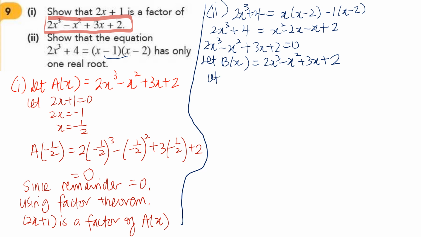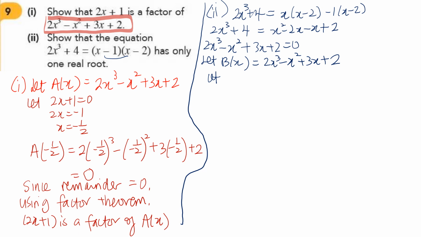Mine is Casio, so mode 3: coefficient a is 2, b is negative 1, c is 3, the constant term d is 2. Alright, so I have the first value, that's negative half. I'd prefer to use a whole number. The second one is a bit weird. Okay lah, no choice, I need to use x equals negative half.